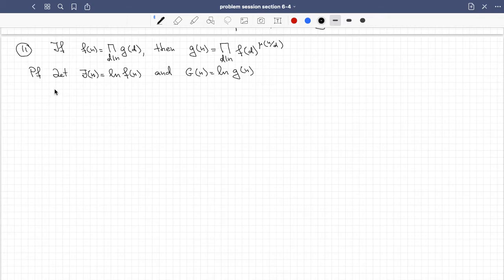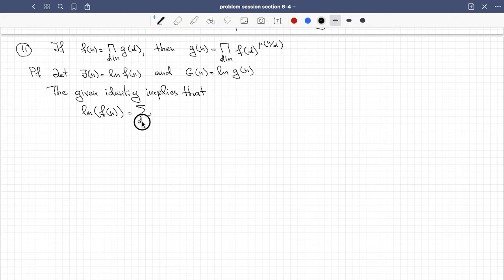So the given identity implies that logarithm f of n equals logarithm of product, which is sum of logarithms, sum over the divisors of n of logarithm g of d.